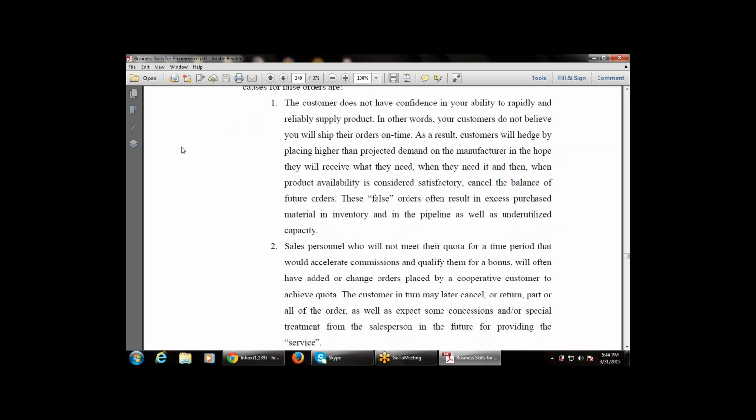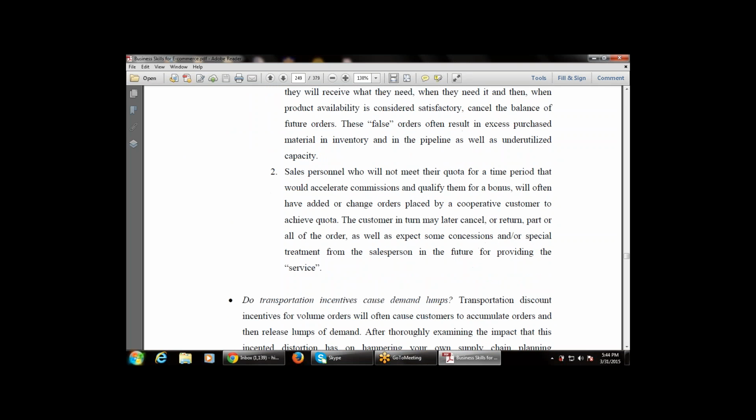Then the next one is sales personnel. That is the next cause of how demand cannot be satisfied with the sales. Sales personnel who will not meet their quota for a time period that would accelerate commissions and qualify them for a bonus will often have added or changed orders placed by a cooperative customer to achieve the quotas.